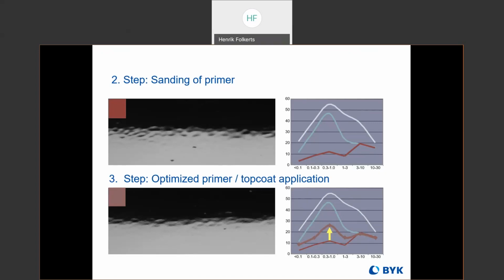So if the short wave is too low, even a little bit of long wave can make the surface look very orange peely. If the long wave is way, way too low, even a little bit of short wave can make it seem a bit sandy, and the DOI can be poor. But if you balance both of those things, you can get a better looking surface.